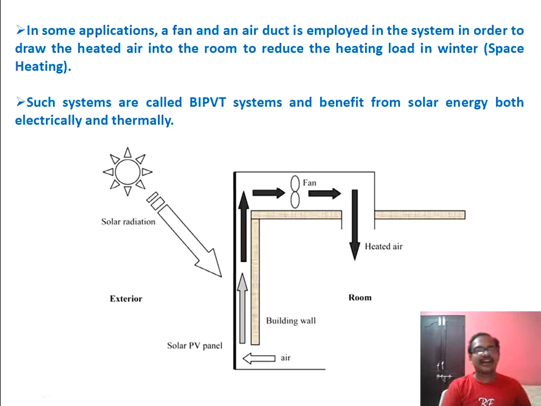Now what it will do: there is a fan provided at the upper vent, and this fan will drive the heated air into the room during the winter season, and whenever sunlight falls on the glazing, it will produce electricity. As well, whenever the sunlight falls on it, the space between the wall and the glazing will be heated up, and the cool air will be heated by the solar energy, and as the air heats up, its density will reduce and it will move upwards, and the fan will be used to drive the heated air into the room.